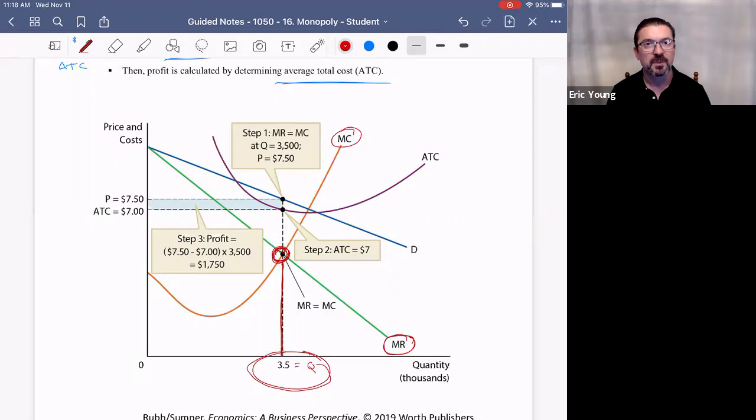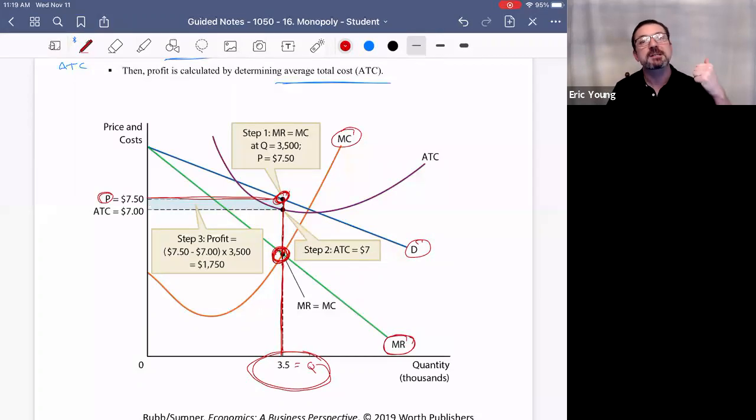That's your Q. You're then going to extend that line up, up, up until you hit the demand curve right there. So you're going to take that MR equals MC, extend it up, hit the demand curve, and then you're going to go left. And this will give you your price.